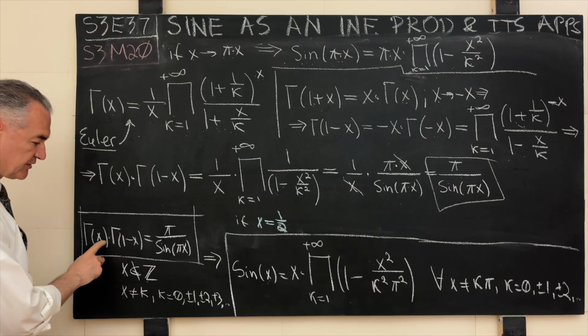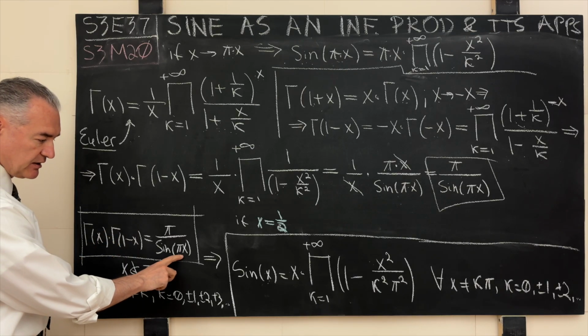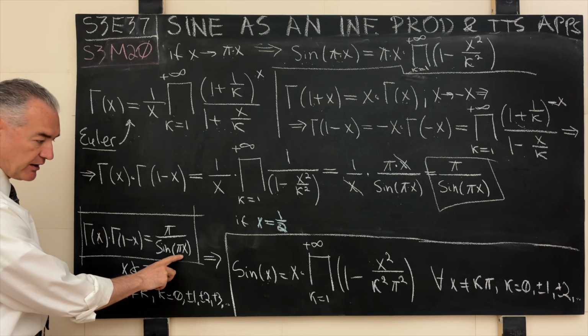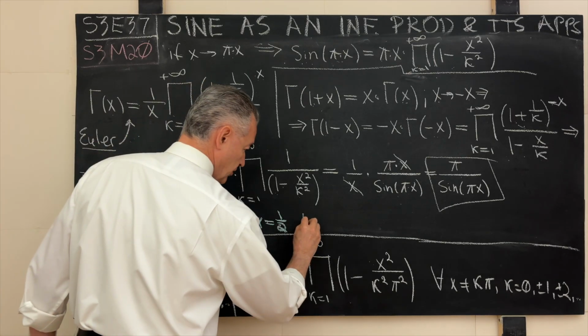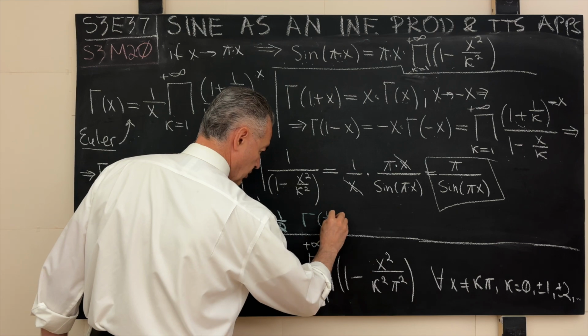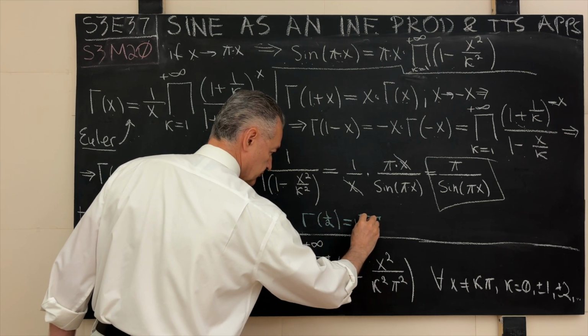Gamma of 1/2 times gamma of 1/2, this is gamma squared of 1/2, and sine of pi over 2 is 1. Here we have our pi, so we quickly deduce that gamma of 1/2 is equal to the square root of pi.